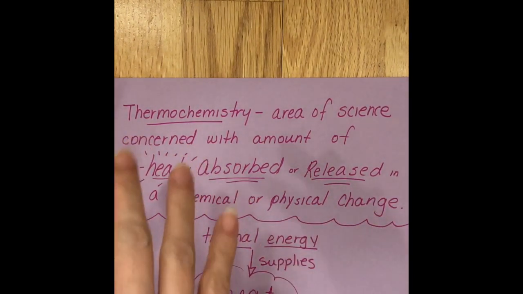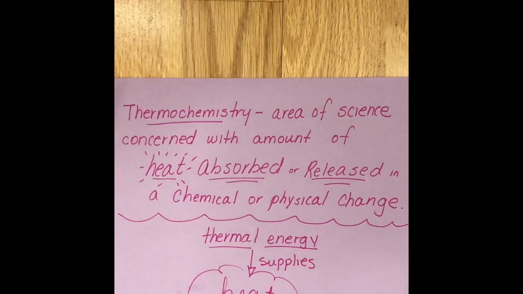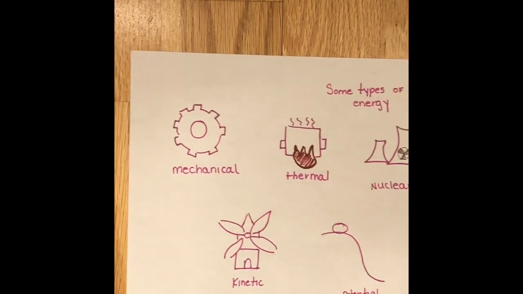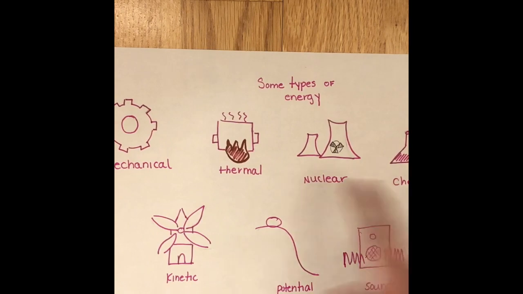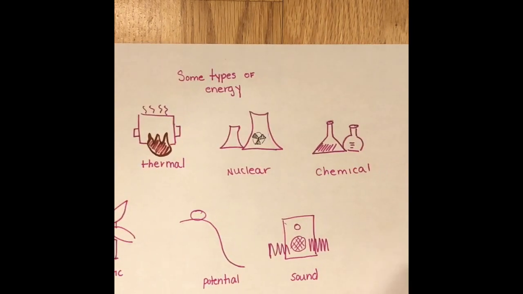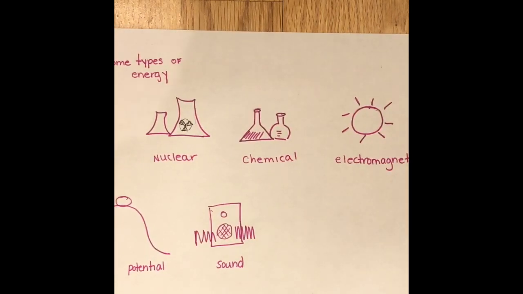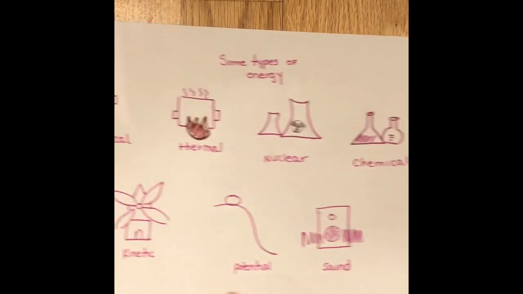And so thermochemistry focuses on thermal energy. And there are many types of energy. Here are just some to name a few: mechanical, kinetic, there's our thermal energy, potential, nuclear, many of these you know. Sound, chemical, electromagnetic, it keeps going on and on.